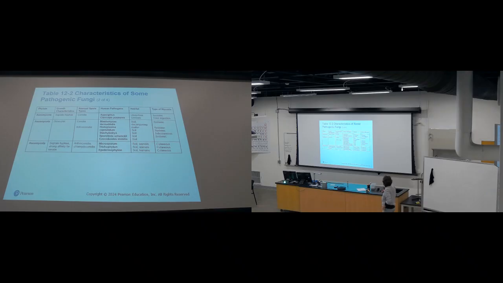And then for Ascomycota, we have Aspergillus and Claviceps purpurea. The habitat for Aspergillus is found everywhere, that's why it's called ubiquitous. And Claviceps is found in grasses.